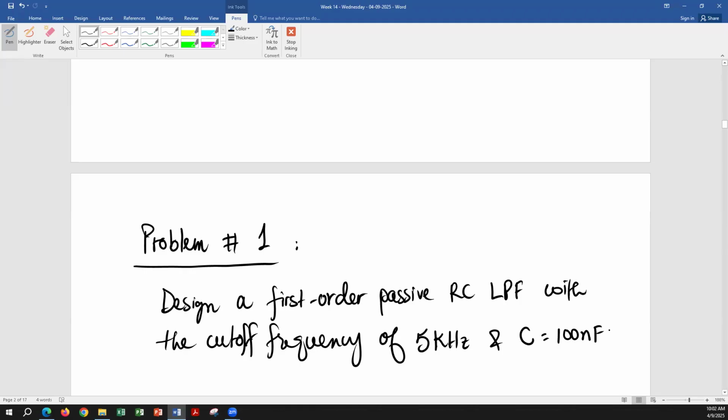The cutoff frequency you're designing for is 5 kilohertz, and for the capacitor, you go to your kit and say, oh, I have a 100 nanofarad capacitor. Let's see what value of R I can find for my low pass filter with a cutoff frequency of 5 kilohertz if I'm using 100 nanofarad.